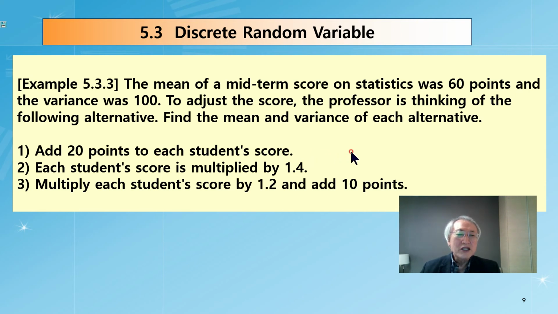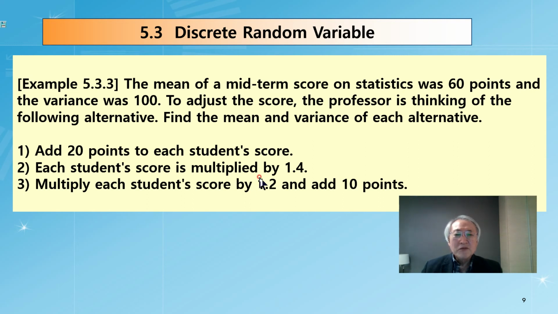What would be the expectation and variance? Expectation means the same thing as mean. If there is a distribution, adding a whole number just shifts everything to the right-hand side by 20 points. Therefore, expectation increases, but variance does not change. That's a simple answer.